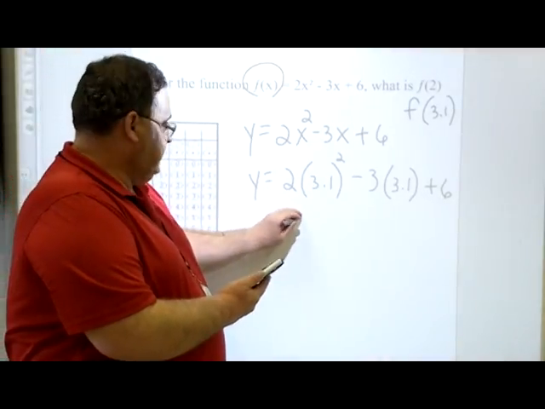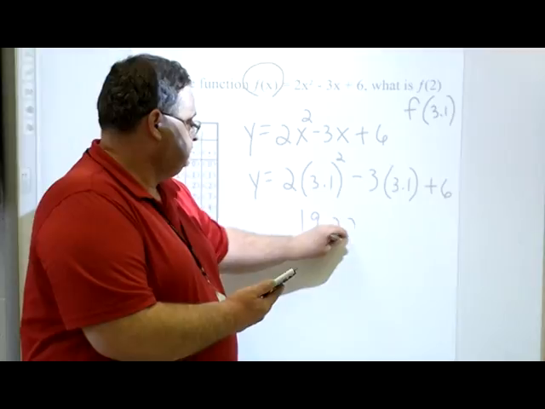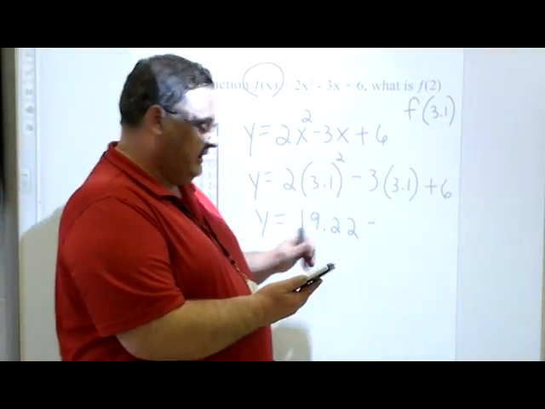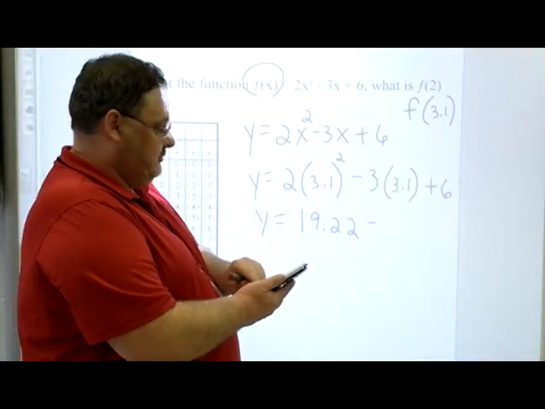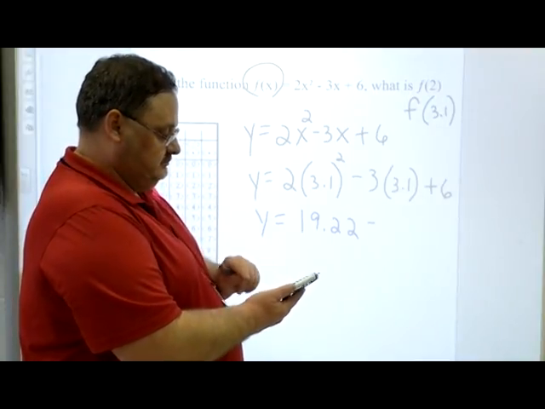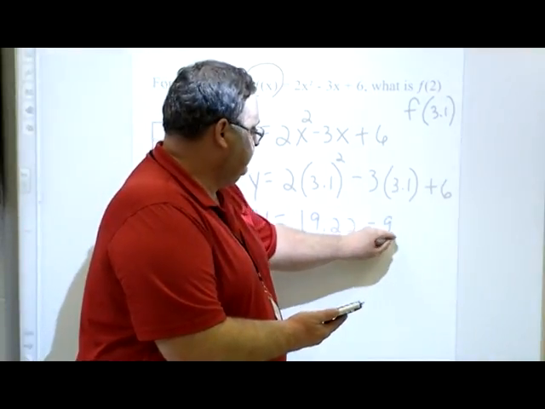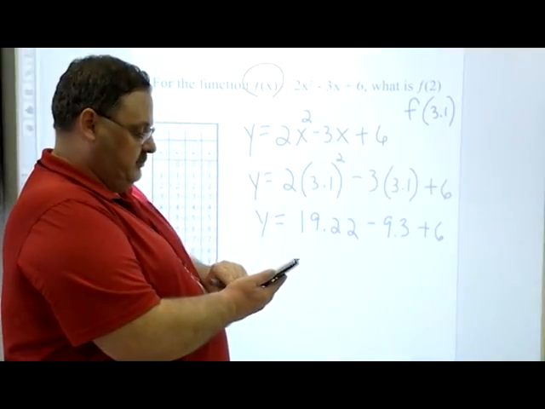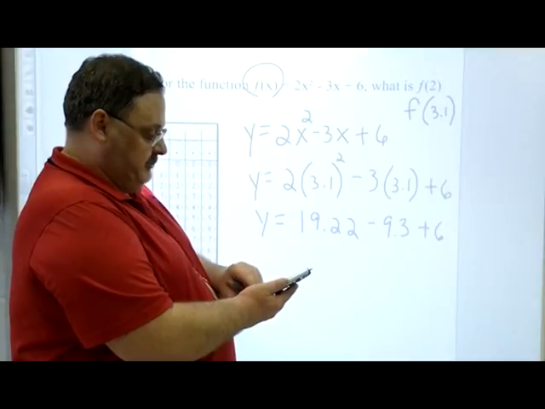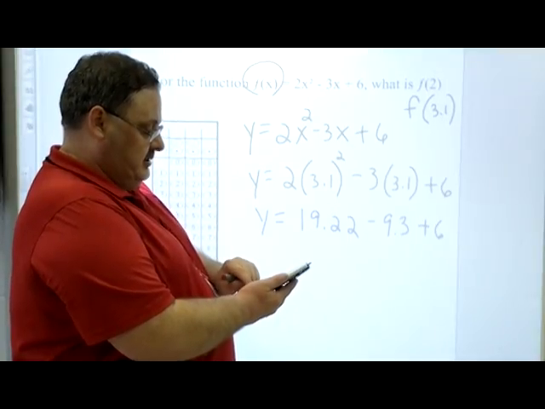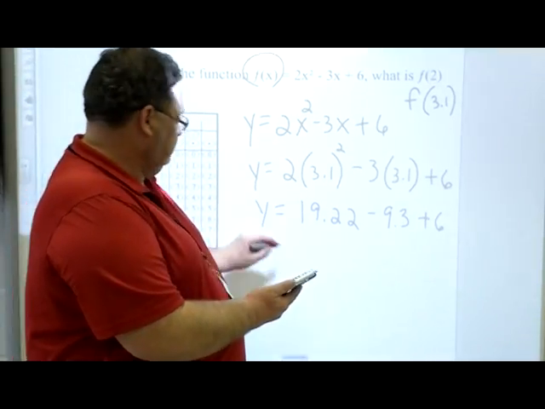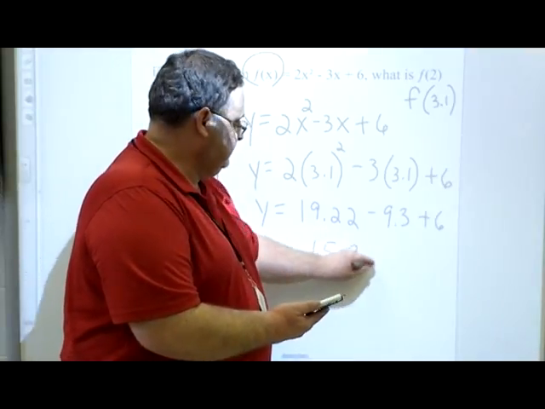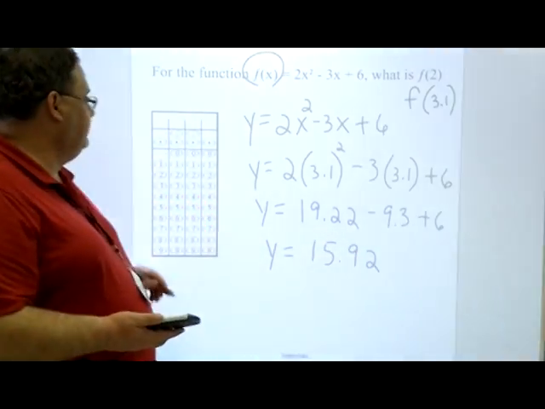And this all becomes 19.22. Okay, subtract 3 times 3.1. Subtract 9.3 plus 6. And so 19.22 minus 9.3 plus 6 equals 15.92.